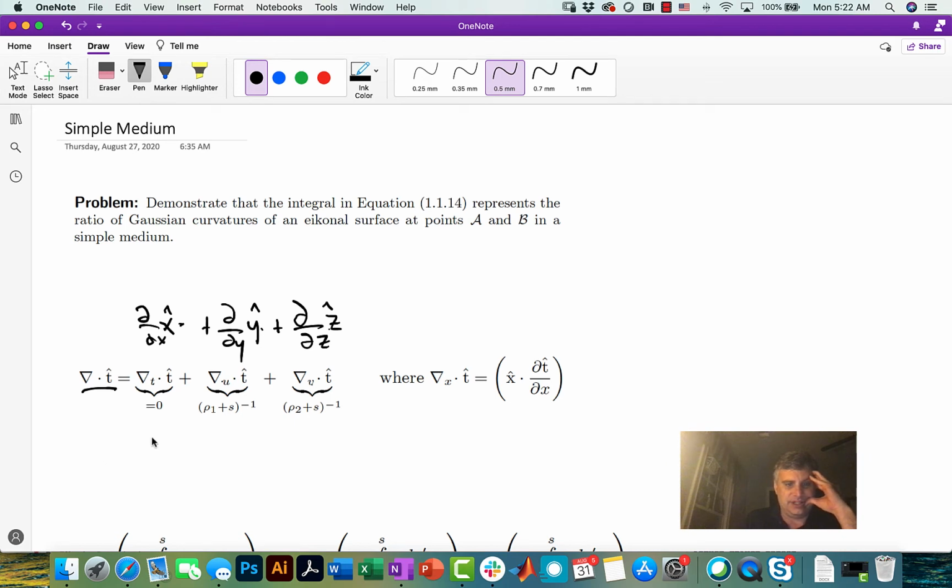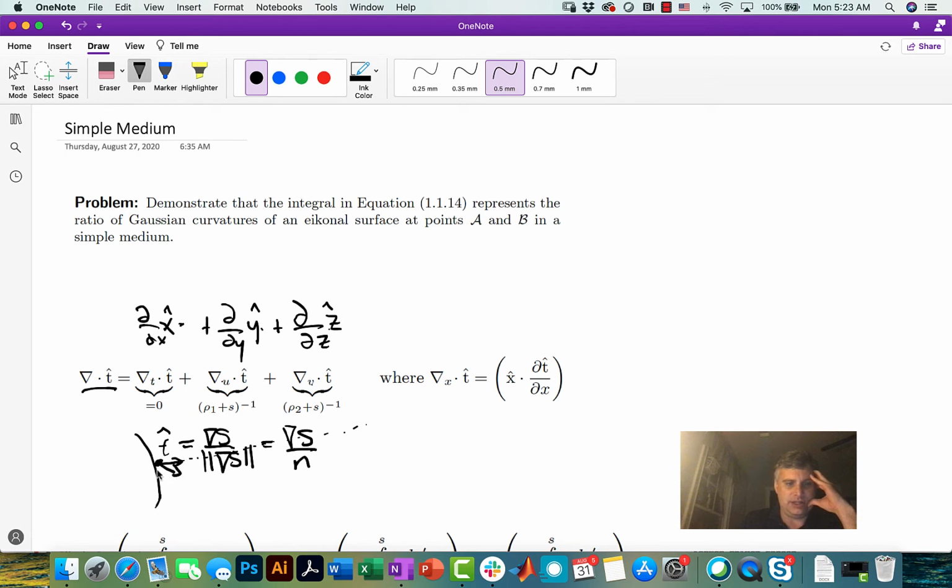And the significant part of that is, if t hat represents my ray tracing unit vector, which we know is the gradient of the iconal over the magnitude of said gradient, which we also know to be the gradient of the iconal over the index of refraction, then the t direction is going to be continued in the direction of a ray trajectory.